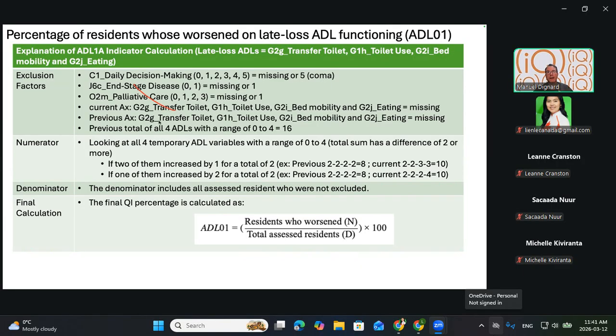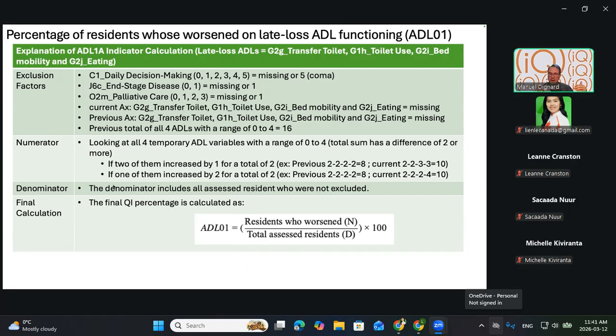If you're not excluded, you're part of that calculation. It's important, this one, right? It flags residents who are becoming more dependent in those core physical functions, something that should prompt care teams to explore, and probably modify those care plans accordingly.